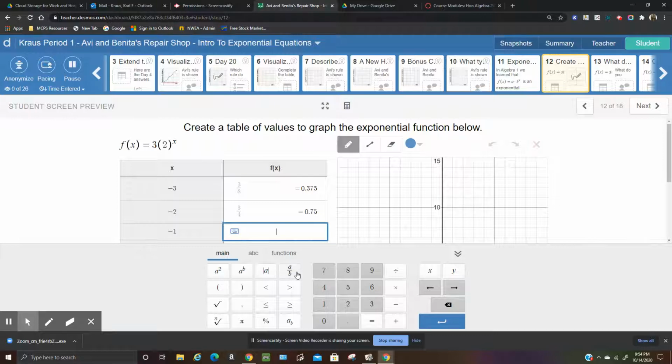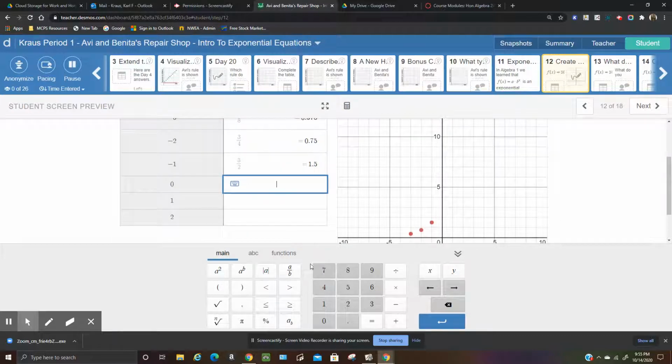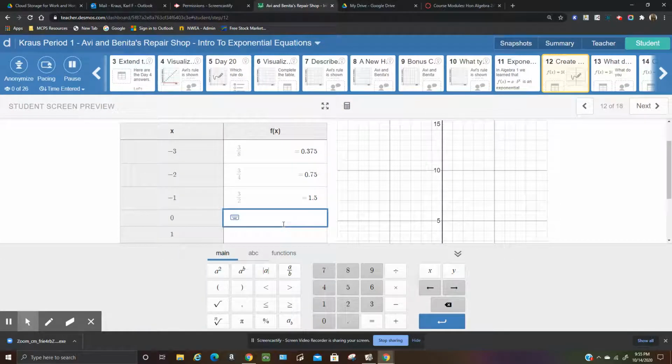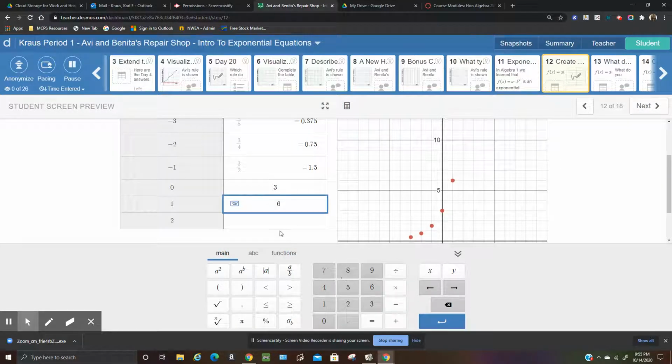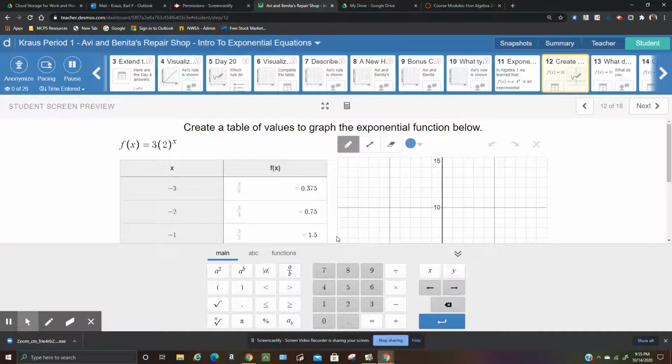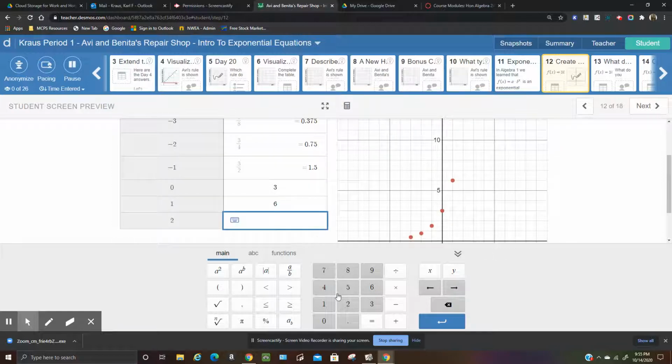It just automatically turns it into decimal values there. A -1 would be 3/2. 0 would be 3. And a 1 would be 6. And a 2. 2 squared is 4 times 3 is 12.